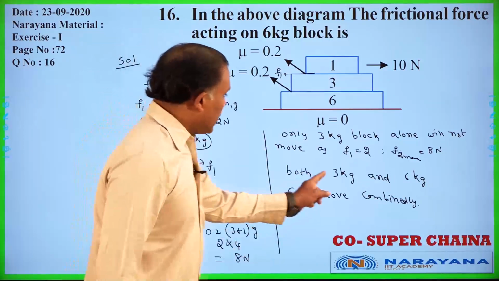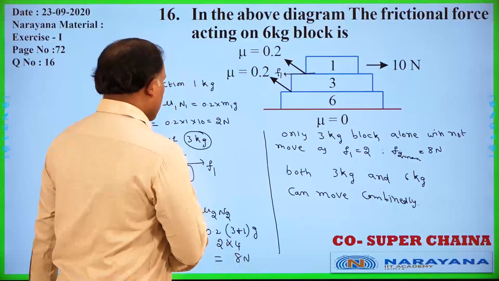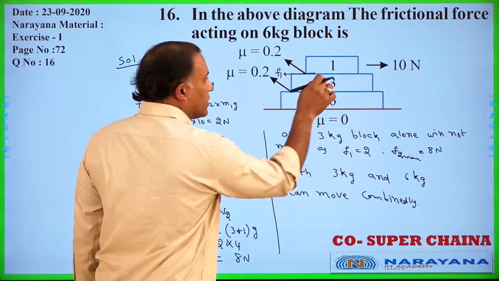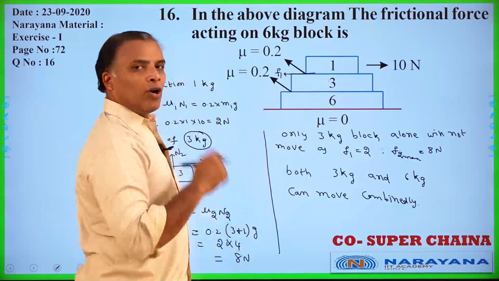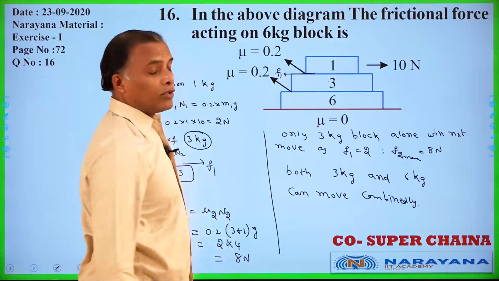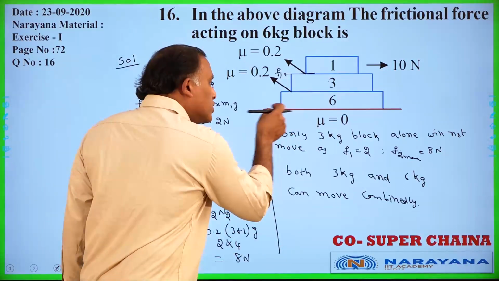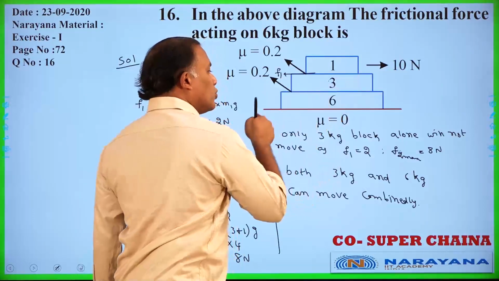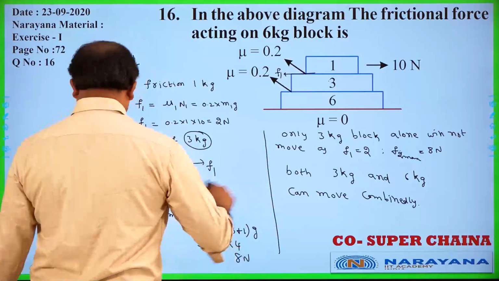Now see here, the driving force is F1, and if I consider 3 and 6 combinedly as a single mass, the surface here is smooth, so friction is 0. So here the driving force is F1, and the opposition is 0. Now I am considering that one.